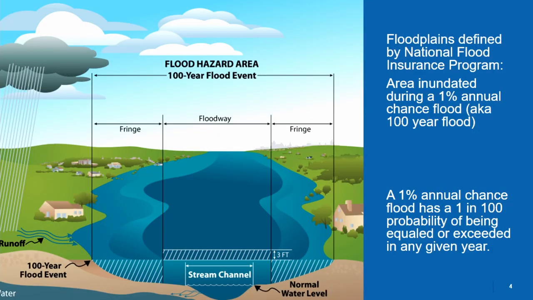So when FEMA maps the 100-year floodplain, communities then have to manage development within that area. There's no development within the quote-unquote floodway. It's the area in the middle there. But development can occur within the fringe, so on that outside area. Development is not supposed to impact flood heights, so technically it's supposed to be elevated, it's supposed to be flood-proofed.